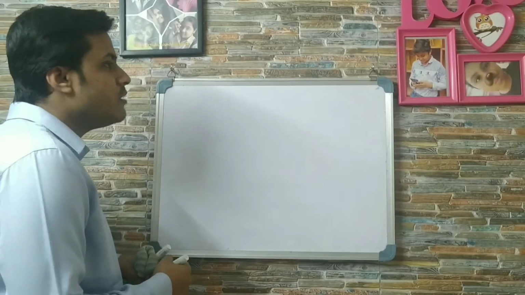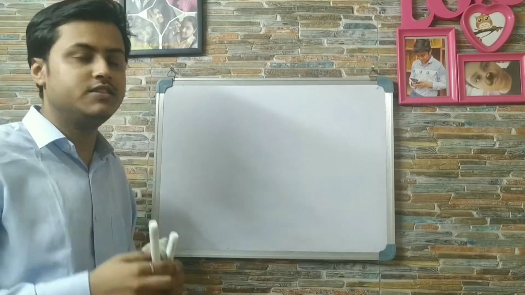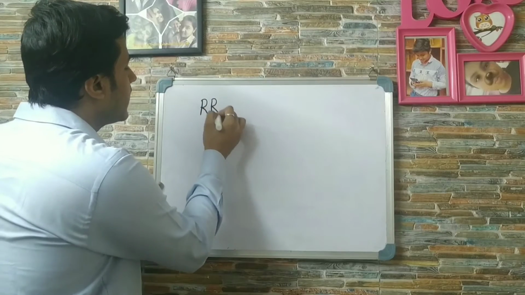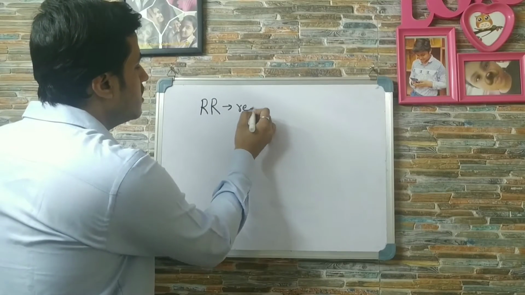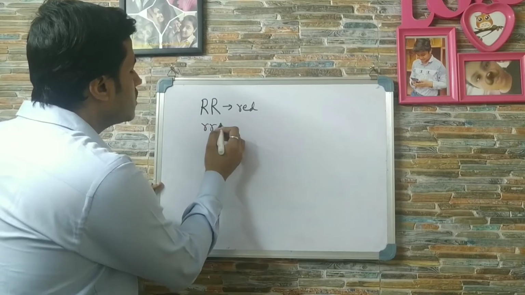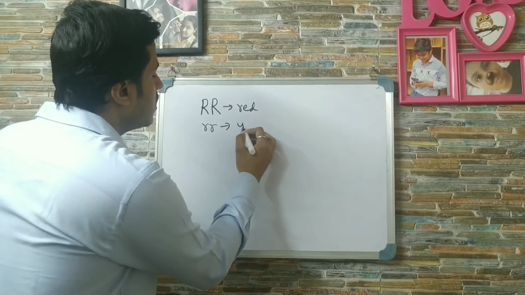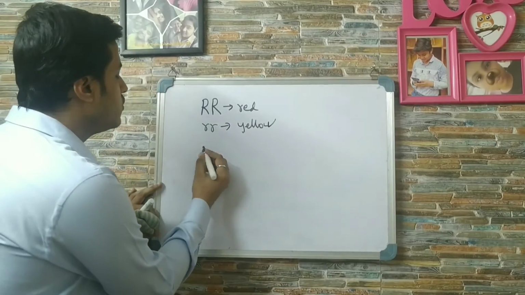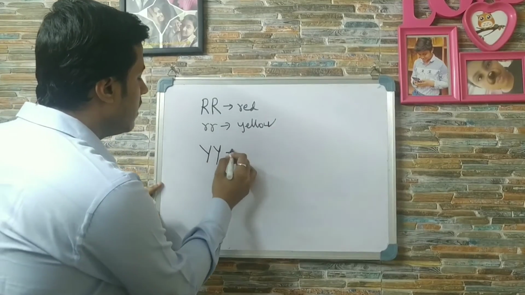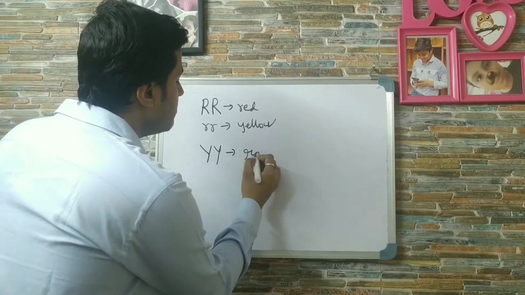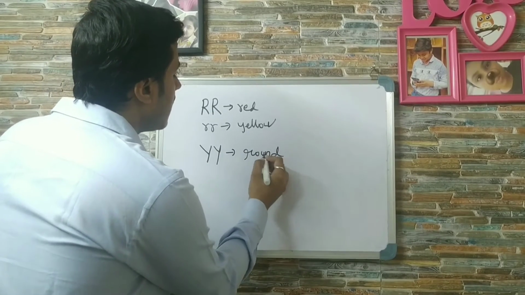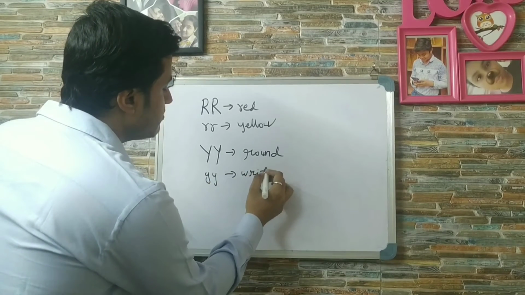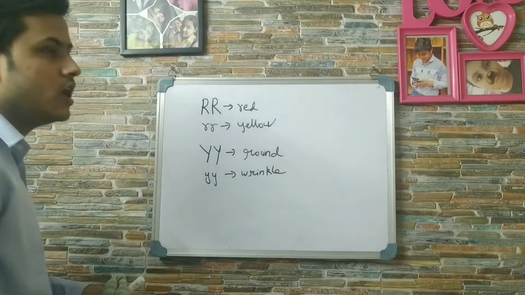Now for a dihybrid cross we take 2 considerations, that is 2 characters. Suppose capital R suggests red color and small r considers yellow color. Similarly, if you take capital Y as round shape and small y as wrinkled shape. Okay.